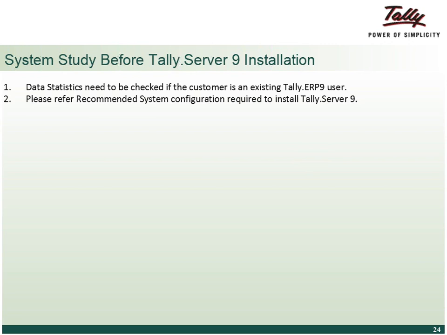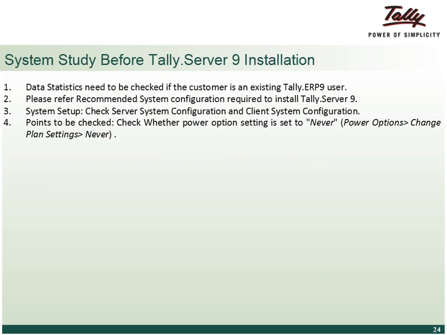This is already referred to in the KB article we have provided. You can check the recommended system configuration that is required. Then you need to check the system setup, that is, the server system configuration and the client system configuration with regard to RAM, operating system, and so on.